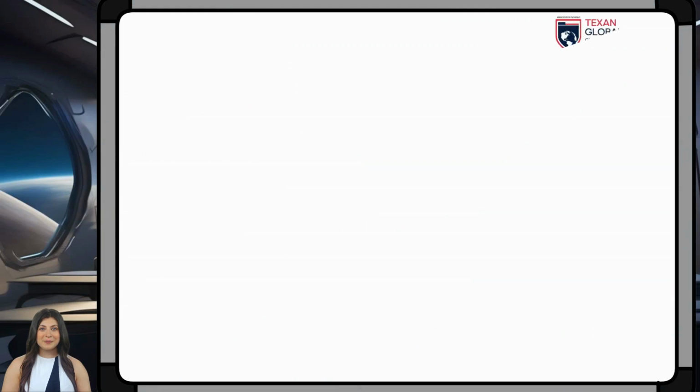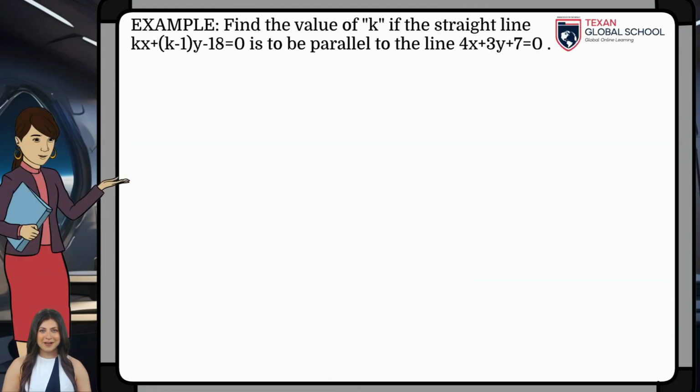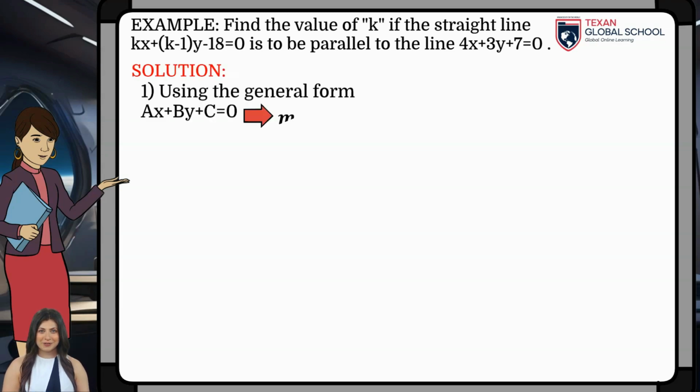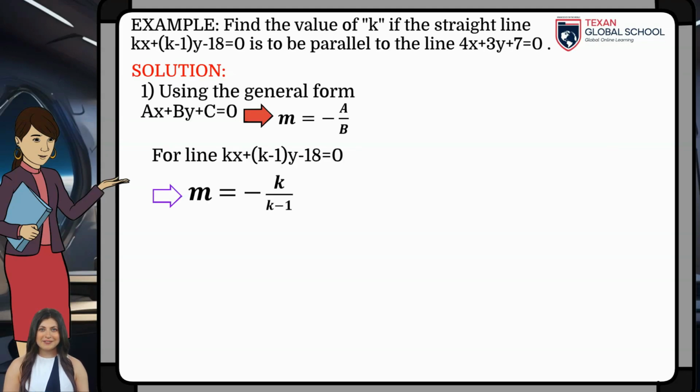In this other example, let's find the value of k, so that the line kx + (k - 1)y - 18 = 0 is parallel to the line 4x + 3y + 7 = 0. From the general form of the line ax + by + c = 0, identify the values of the coefficients.